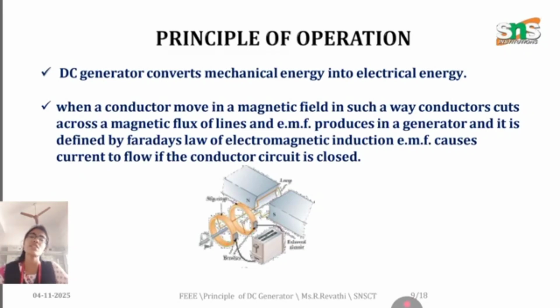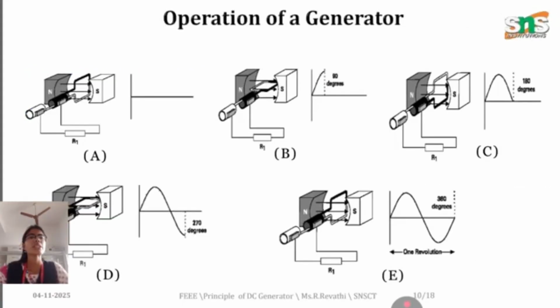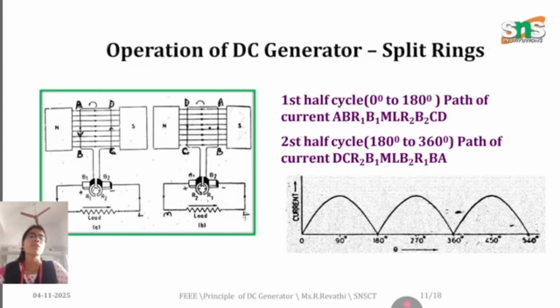The mechanical energy is thus converted into electrical energy through electromagnetic induction. The operation of a DC generator is shown pictorially: in picture A, the prime mover is connected; in picture B, the armature rotation starts and the flux lines are cut, completing one cycle from 0 to 360 degrees. From 0 to 180 degrees is the first half, and 180 to 360 degrees is the second half.